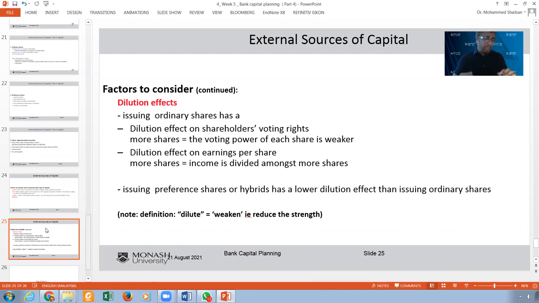Now, if I start now to issue another 100 million and it becomes now 200 million shares, and I'm still receiving only the same profit, then in this case, actually, the earnings per share will be 5 cents. So this is what we mean by dilution effect. And somebody would say, why should we do that? Why are the current shareholders allowing this thing to happen?